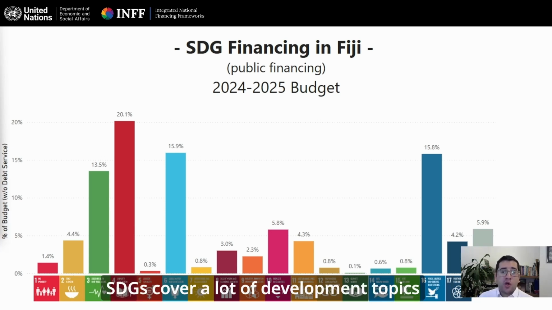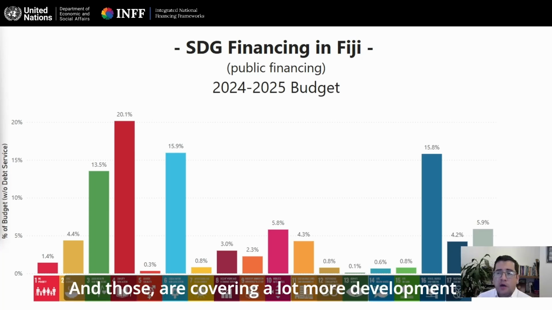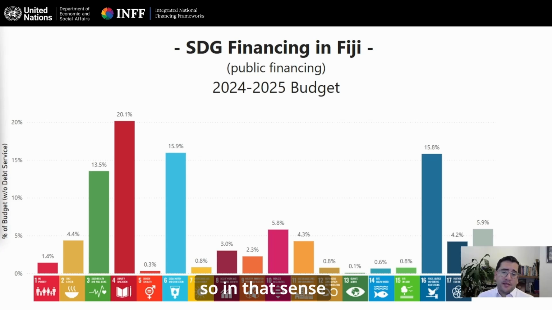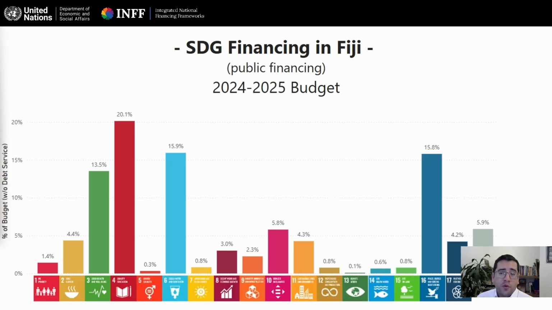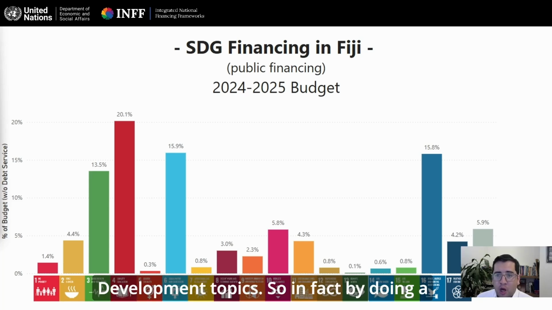As you know, SDGs cover a lot more development topics than simply gender or climate. So with an SDG tag, you can cover all 17 themes related to the 17 SDGs, which already cover a lot of the topics that you encounter when analyzing development topics.